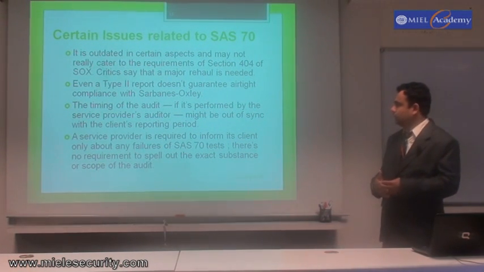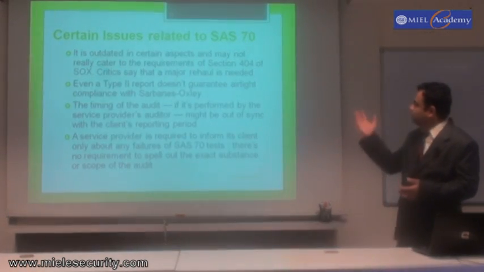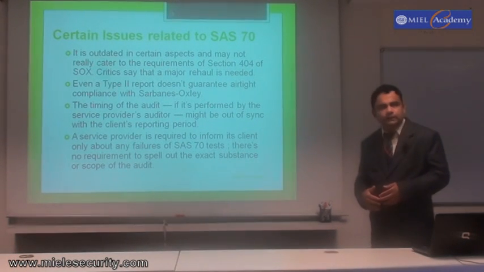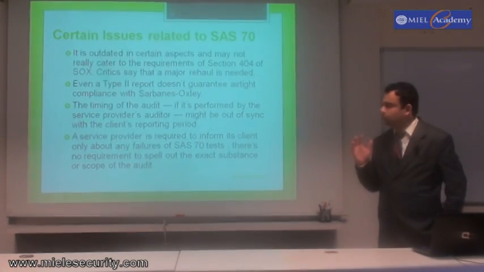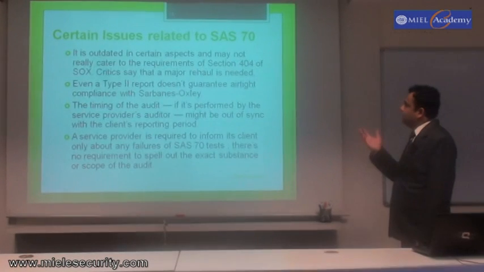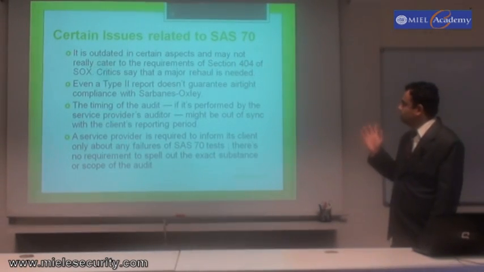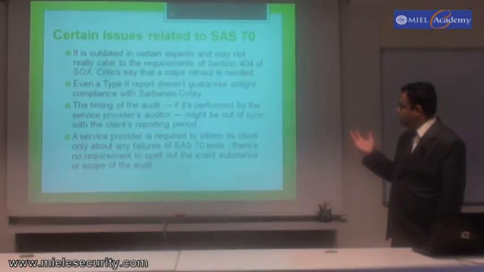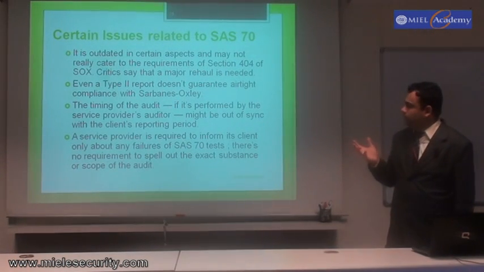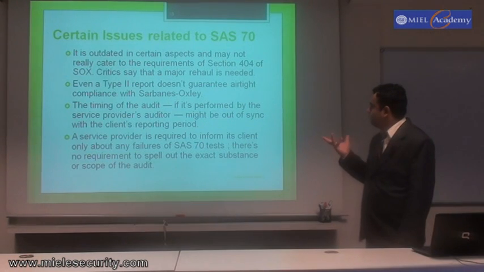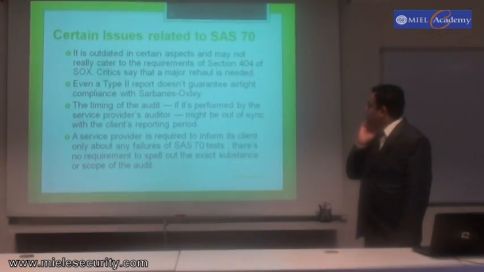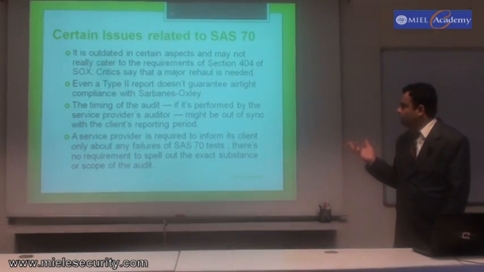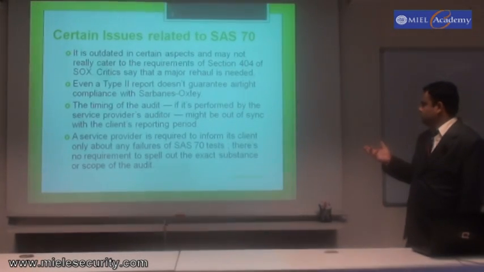So first of all, SAS 70 is outdated in certain aspects, and may not really cater to the requirements of section 404. Type 2 report doesn't always guarantee airtight compliance with SOX. And the time of audit may be out of sync with the client's reporting period.